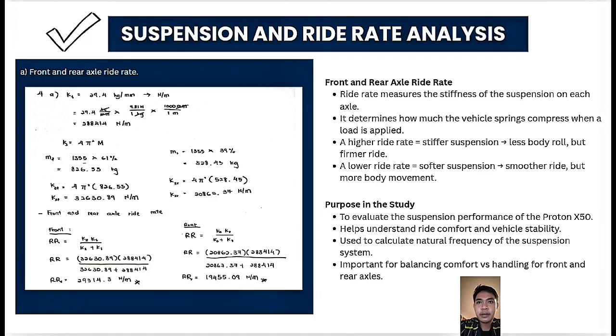A higher ride rate equals stiffer suspension. It means less body roll but a firmer ride. Then a lower ride rate equals softer suspension. It gives you a smoother ride but more body movement.